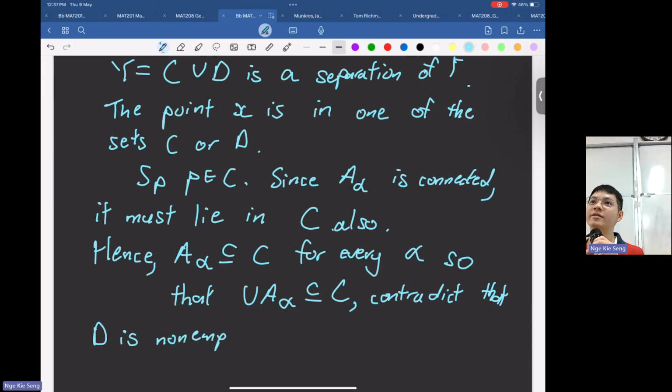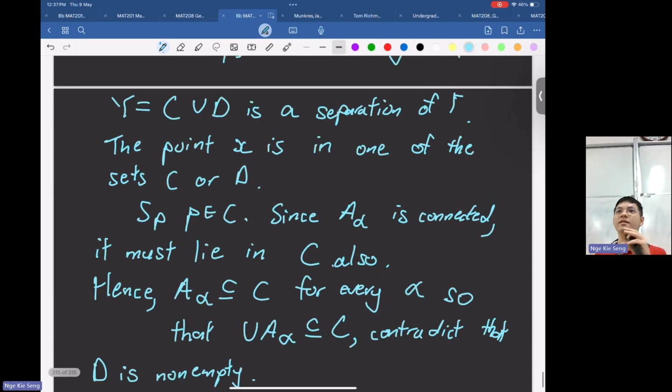Okay, correct or not? So this proof is very animated. You split your space into two parts first. Then you talk about that common point. The common point can only go to one place because the parts are disjoint, so you choose one place. Then you talk about A alpha. Where should A alpha go? Can it go to D or not? If A alpha goes to D, by the theorem before, every A alpha should lie there.